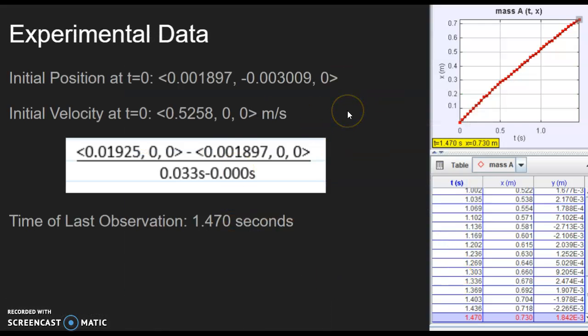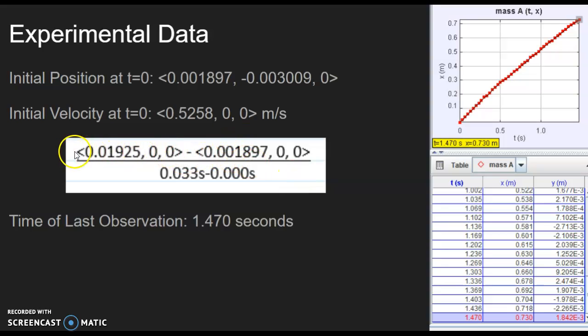This is some of the data that I received. The initial position: in the Tracker software they have you set an axis, and this was the initial position of the ball from the time that I started recording, with the axis that I set. The initial velocity is here, 0.52858 meters per second, which I calculated by taking one position of the ball and subtracting it by a later position and then dividing it by the difference in time.